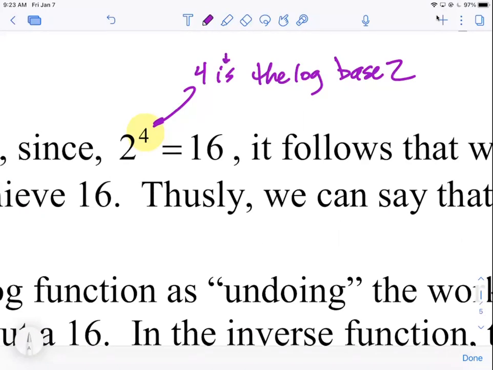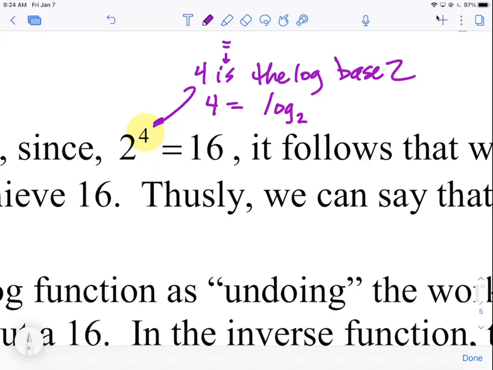In mathematics, the word is an equal sign, right? So 4 is the log base 2. We abbreviate logarithm log, and as a subscript, we put the base, and we call that base 2.